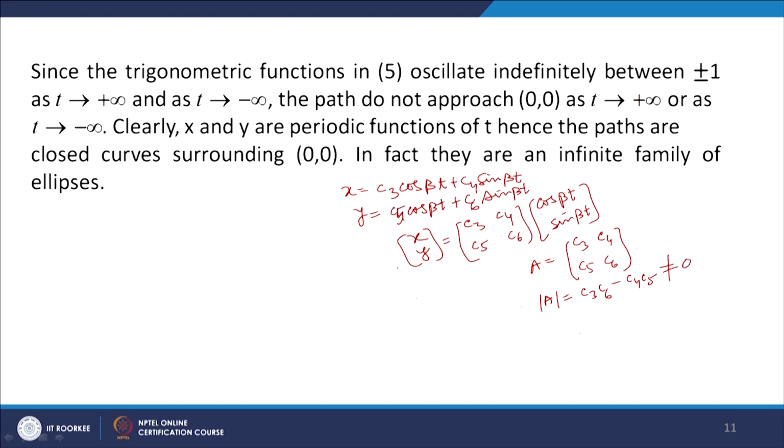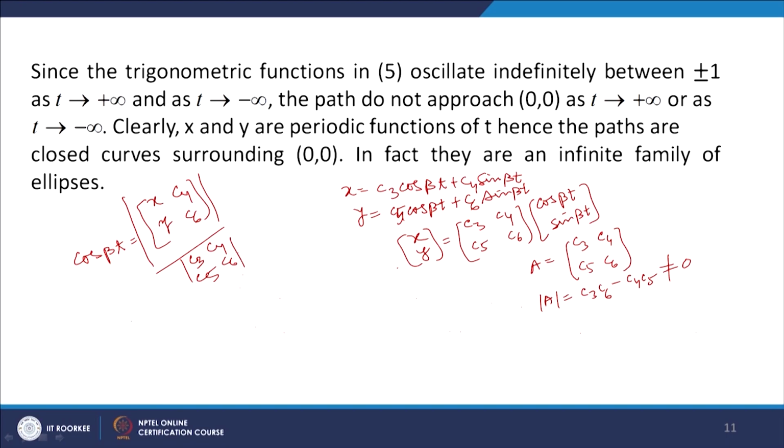So, we can solve this equation by Cramer's rule. So, we get cos beta t equal to the determinant of the matrix with x, y, c4, c6, where we replace the first column of the coefficient matrix by the column of constants, divided by the determinant of the coefficient matrix c3, c4, c5, c6.